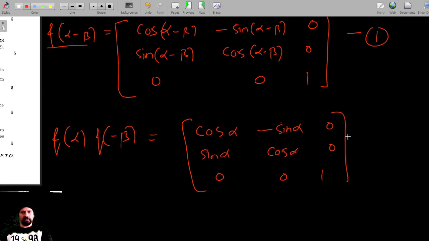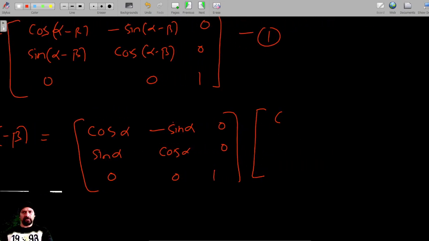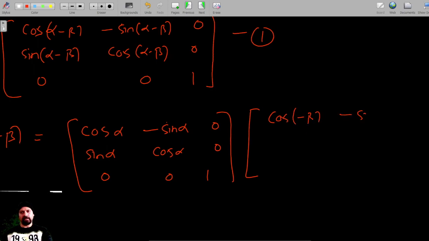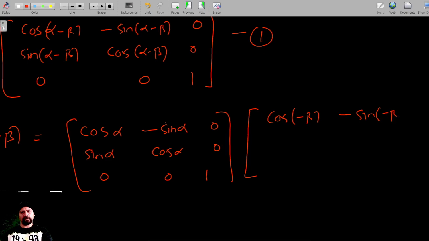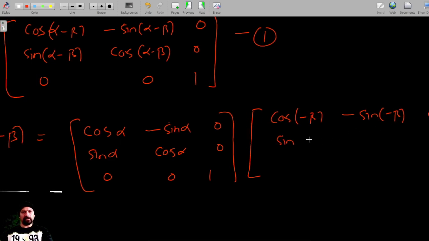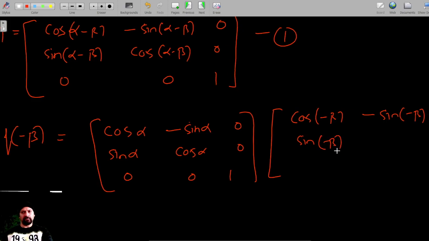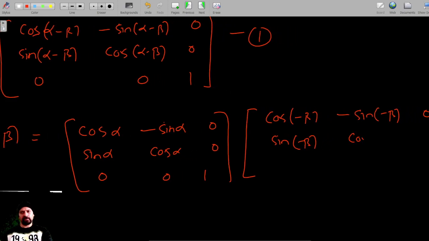Now f(minus beta) is cos of minus beta, minus sine of minus beta, 0, sine of minus beta, cos of minus beta, 0, 0, 0, and 1.